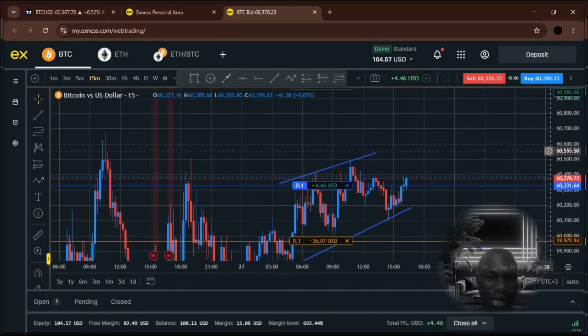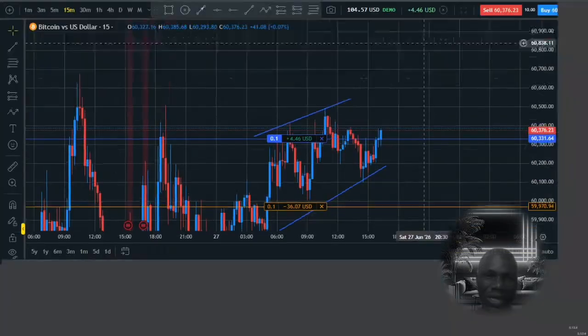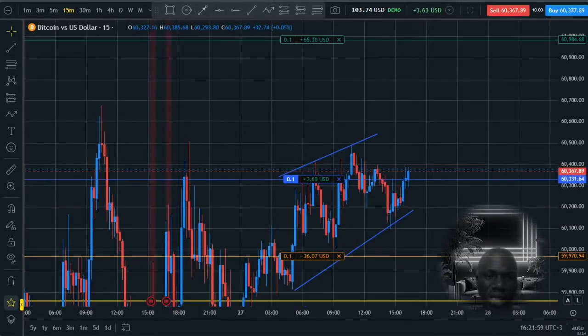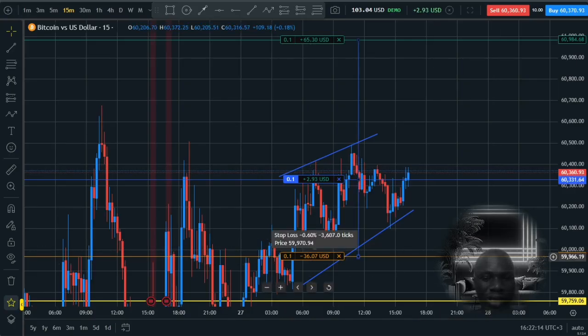Now let's have a look, guys. This was an example. We took the trade. We executed 0.1. Now, how do you manage the risk? If you've been in the mentorship, just put a comment: how am I going to manage this risk here? Remember, I've taken a loss of $36 down here.